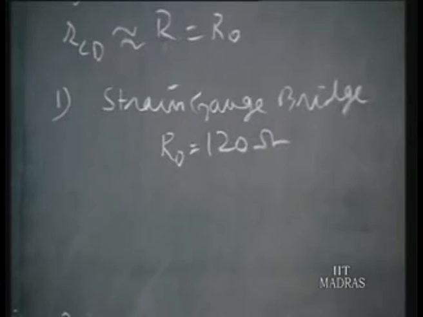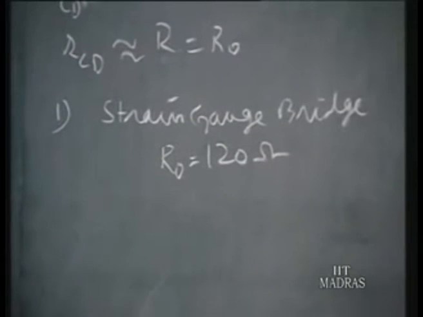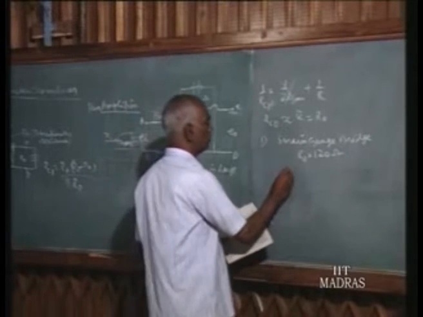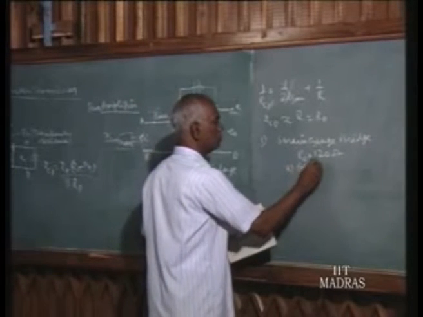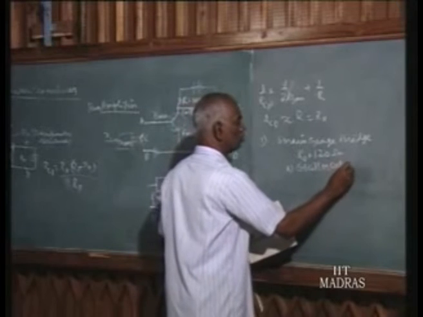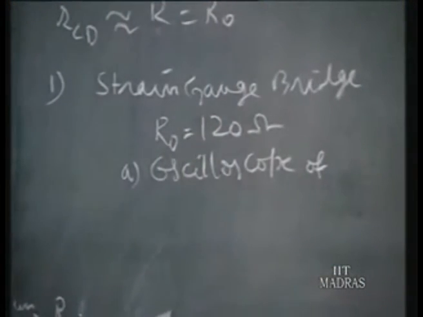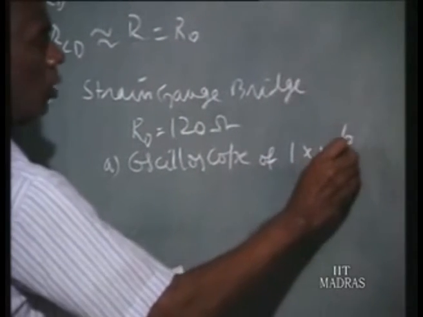Now for reading the output voltage of this bridge, there are two possibilities. One possibility is an oscilloscope of resistance 1 into 10 to the power 6 ohm.